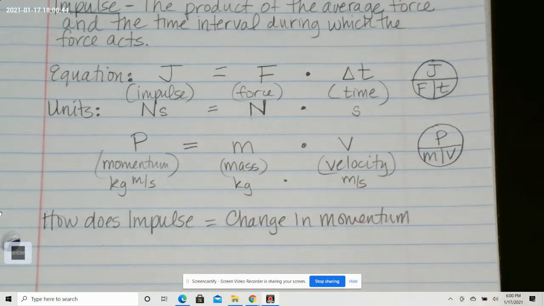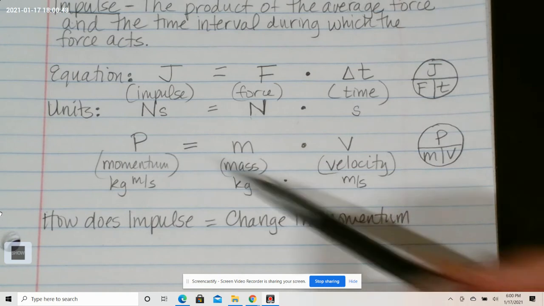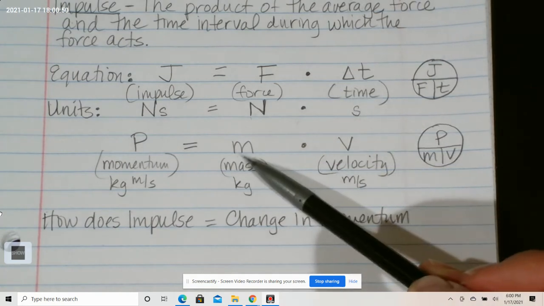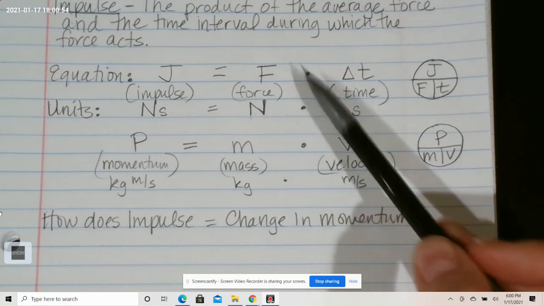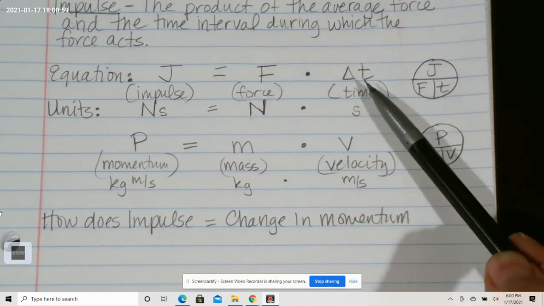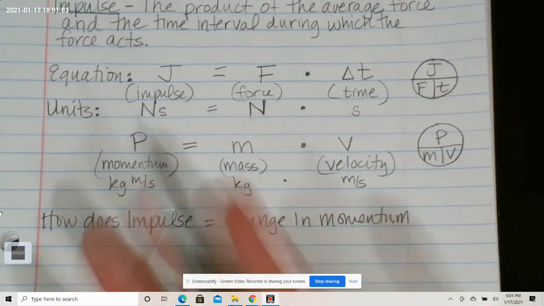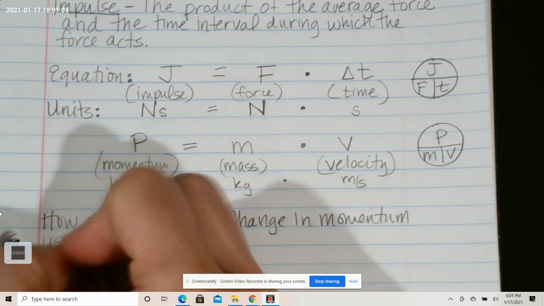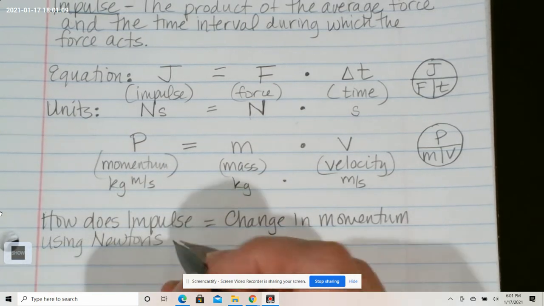And in here, we can actually find that there are parts of other equations we have done. We've used force before, we used velocity, we've used time, mass. These can be broken down using Newton's second law. Now, stay with me, because right now you're like, what the heck? That's confusing.